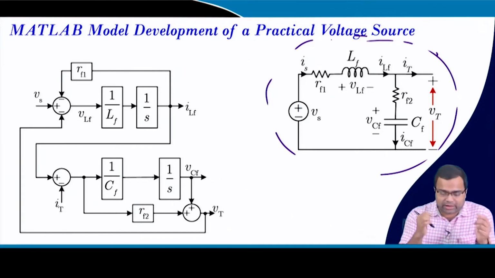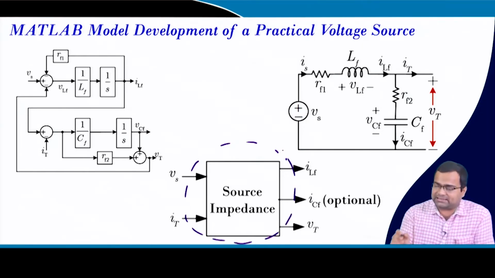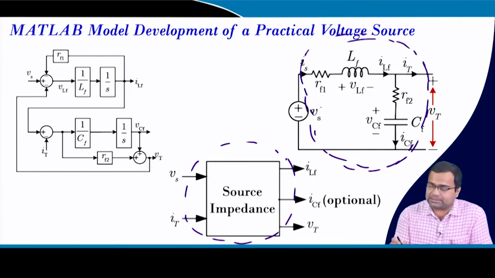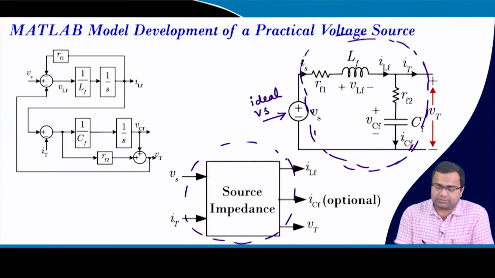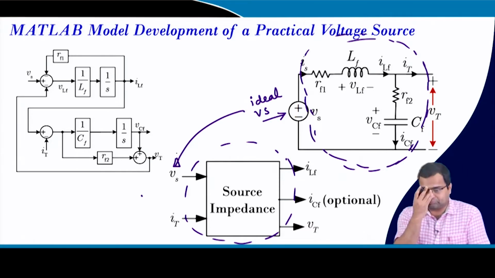So, we have this model with us, and you can make it a subsystem. This is the impedance model of the source. For this impedance model, the ideal voltage source is the input to this block.